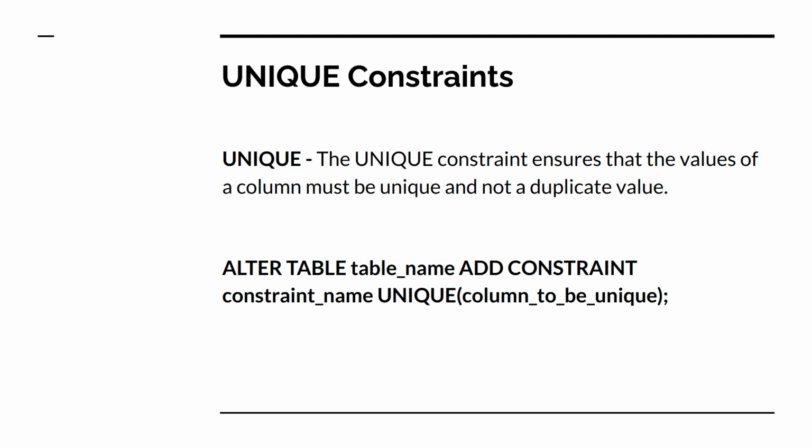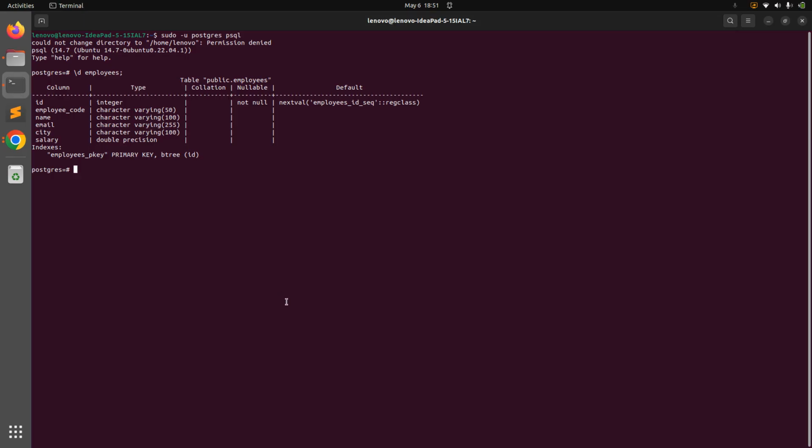Here you can see ALTER TABLE, and for the table name you need to add employees, and then ADD CONSTRAINT and the constraint name. So let's write this query here: ALTER TABLE employees, ADD CONSTRAINT, and then emp_unique_email, and then UNIQUE, and here your column name must come.